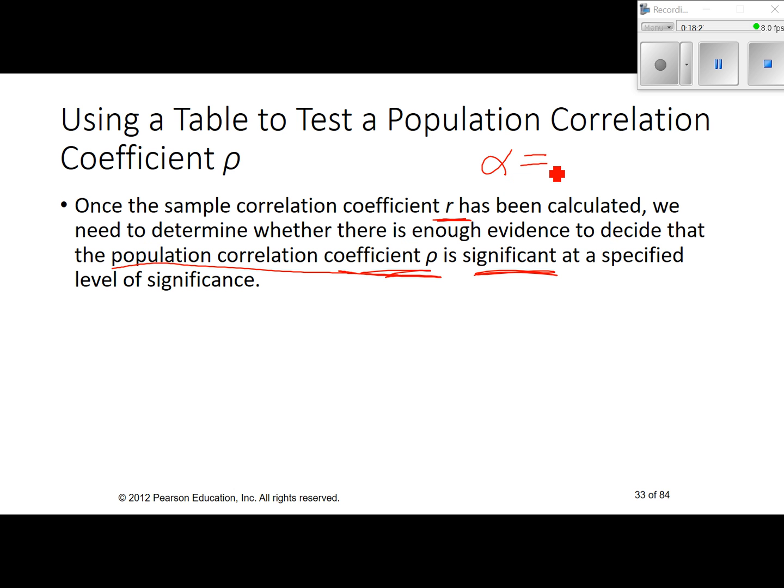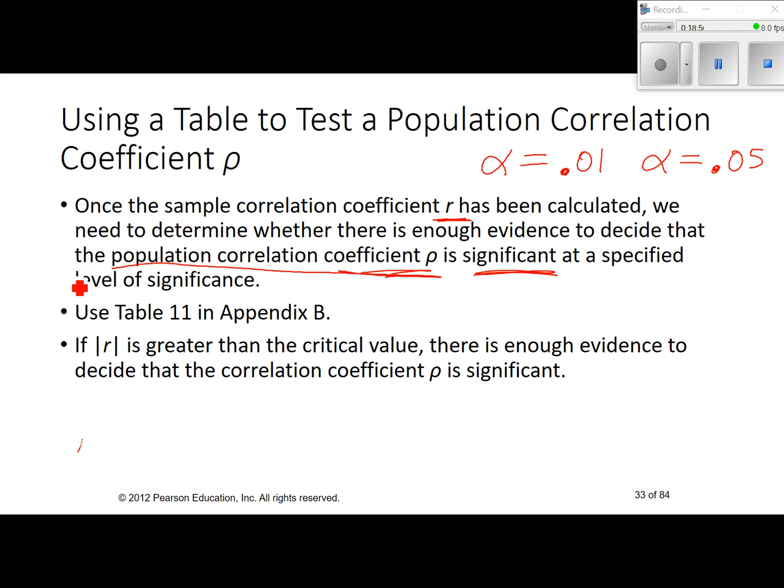For this, we're going to use alpha at 0.01 and alpha at 0.05. Those are the two that the chart gives us. Most of the ones we dealt with were either 1%, 5%, or 10%. Well, this one doesn't use 10%. So we're deciding whether there is an actual significant correlation between our x's and our y's.